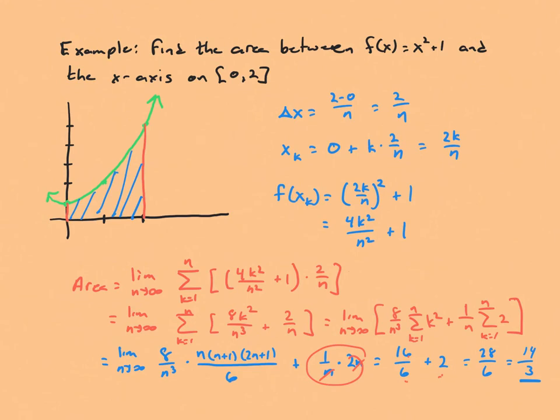So again, the key part on each one, when you have something like this: find delta x, find what x sub k is, plug x sub k into your function, into the variable, and simplify. And just remember, at that point, your base is here, your height is here, and you can write your summation right at that point. And that's just a matter of finding that limit as n goes to infinity.